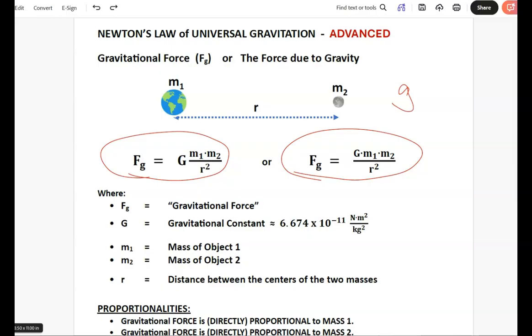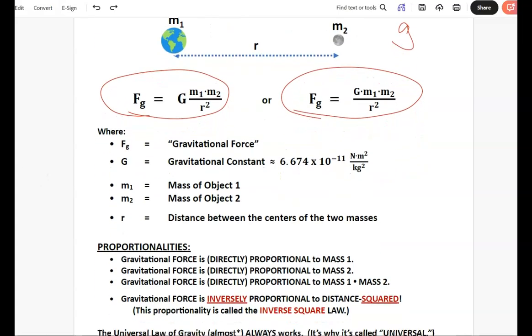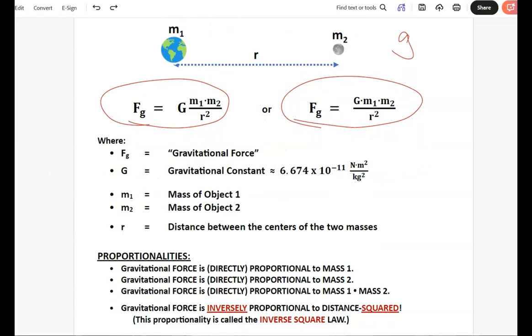And the importance here is that when Newton was working out the relationship between this gravitational force and the masses and the gravitational force and the distance, he found certain relationships based on the fact that the two masses are in the numerator and the distance is in the denominator, and it is squared. And what he noticed was the following proportionalities.